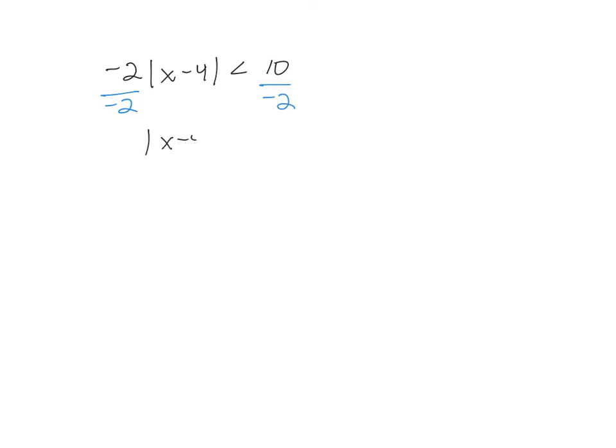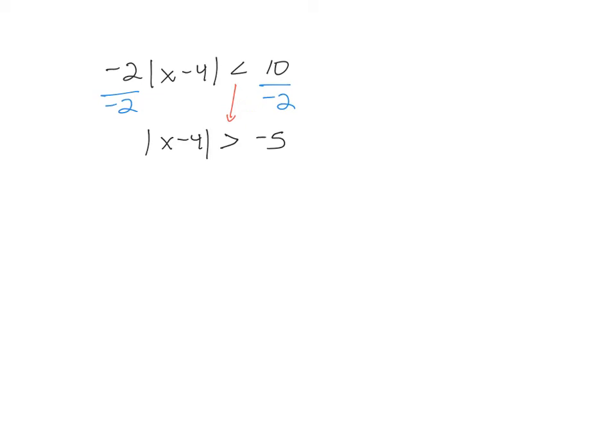Okay, two things. Number one, since we're dealing with greater thans and less thans, if I divide by a negative, I have to turn around the inequality. Okay, because we divided by a negative number.